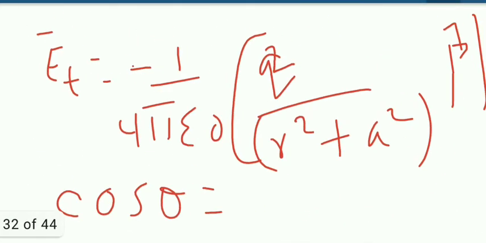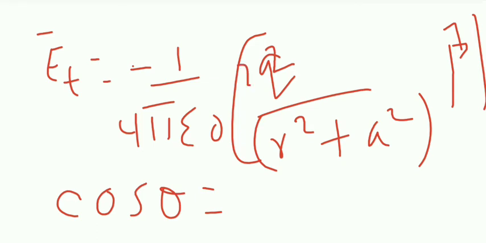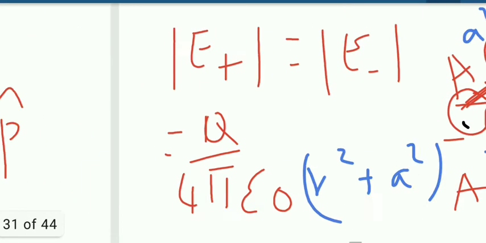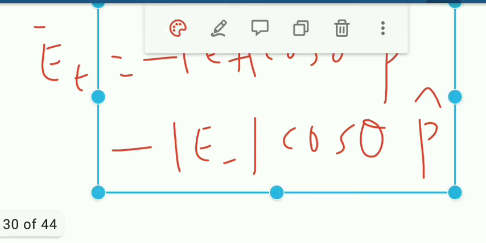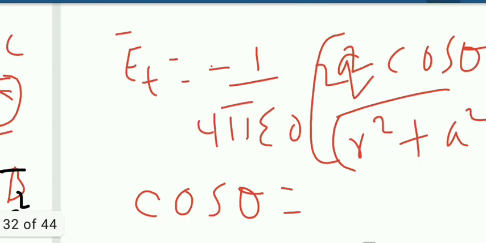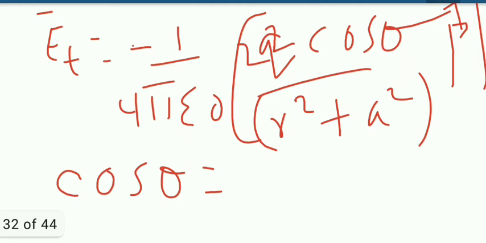What we have to do, we know that it is 2q cos theta. Why is it 2q cos theta? Because in E plus and E minus we found this cos theta, so totally 2q cos theta. So 2q cos theta, we found what is cos theta.